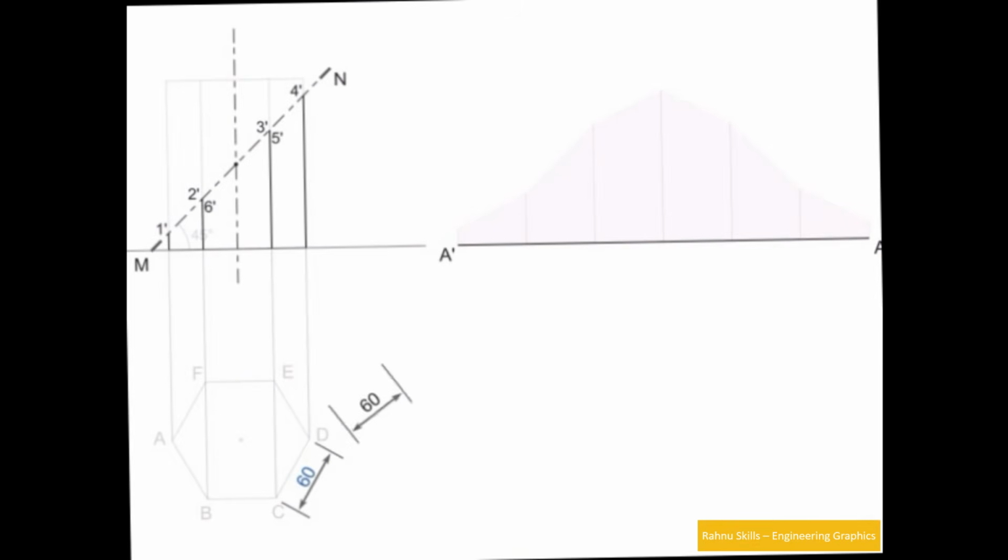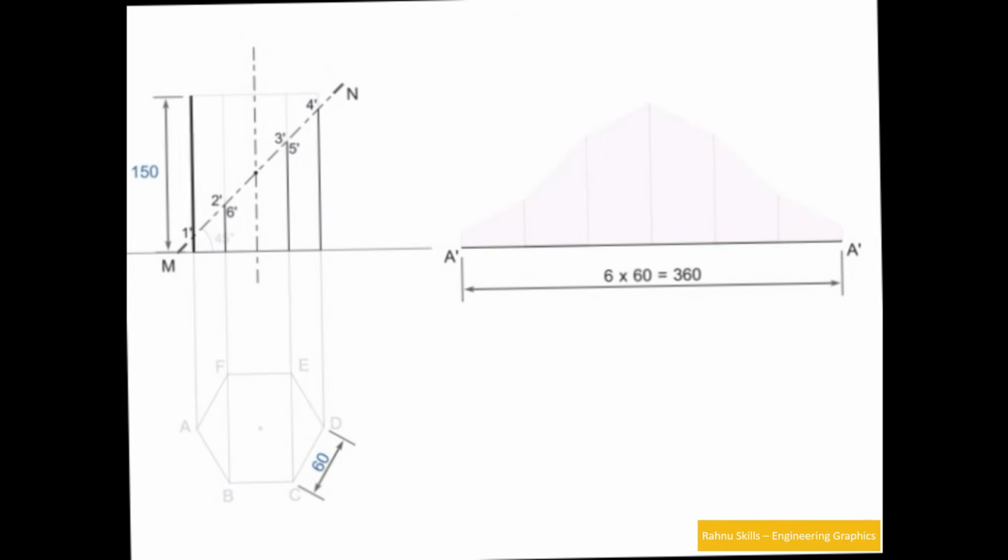What is the dimension? The base edge was 60, so the length is 6 times 60, that is n into b, where 6 is the number of sides and 60 is the size of one base edge. Similarly 150 was the height.